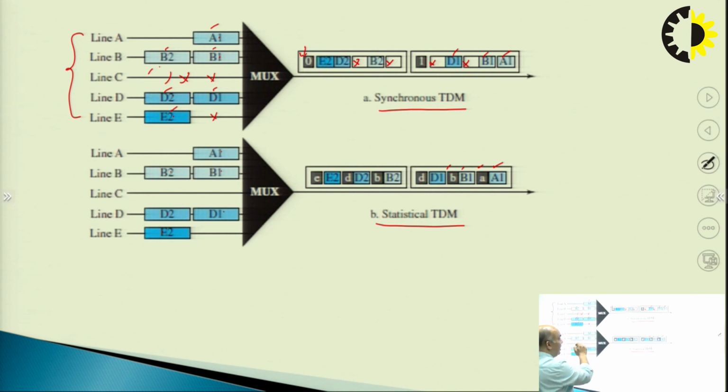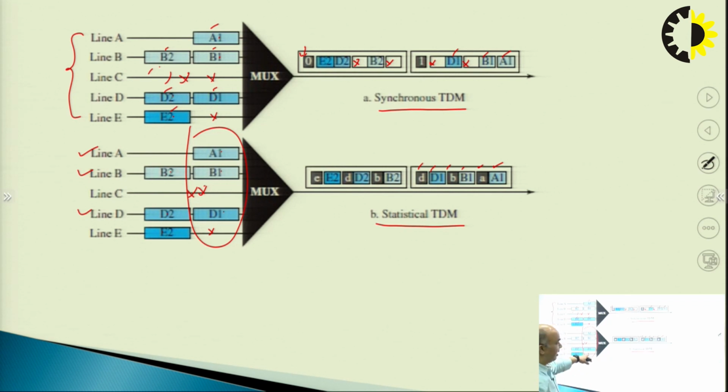Then C is not sending the data, so it will not allocate the time slot for line C. Now, D1 is sending the data, then D is there. So, it allocates the time slot for line A, line B and line D. In this case, line C, and in this frame, line E is not sending the data.